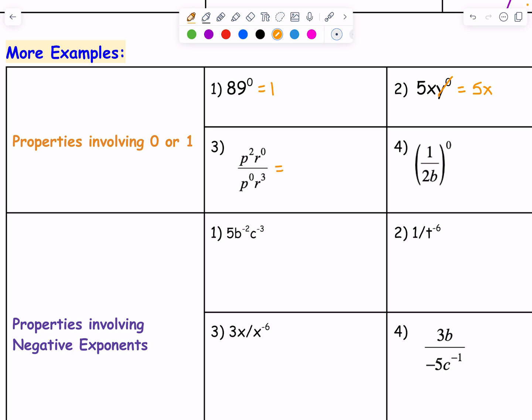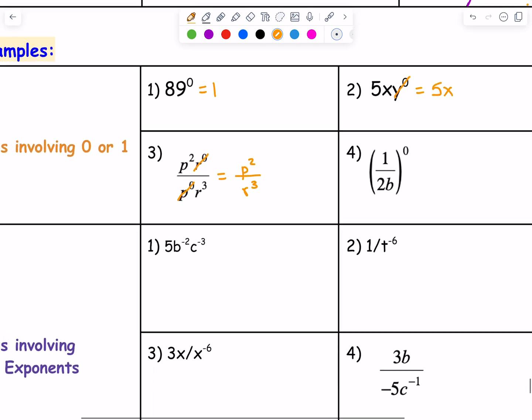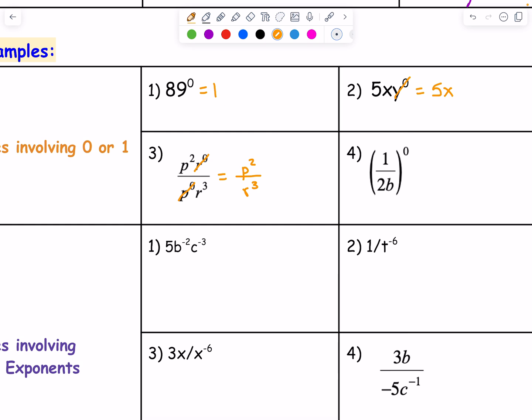So when you have other things in the expression, you want to leave them, but the 0 powered terms would just go away. So you have p squared over r cubed, which we can't do anything with because we have different bases. They don't match. And for the last example for this rule is 1 over 2b to the 0 power. So since everything is to the 0 power, this would all just equal 1.